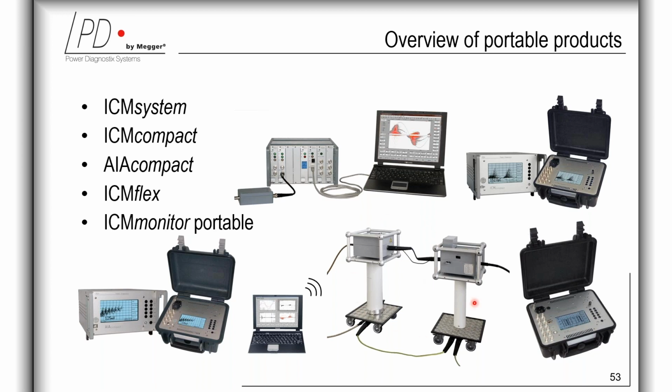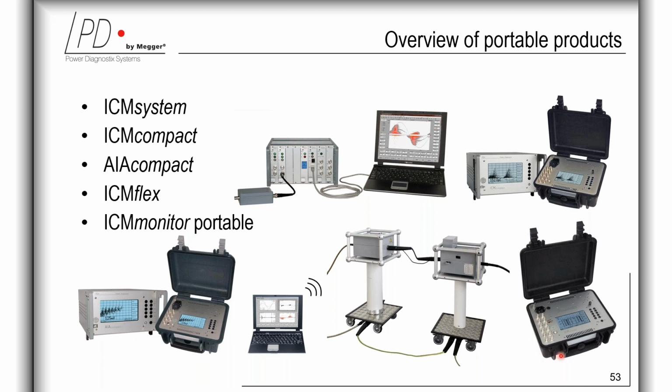The ICM Flex is a measurement system for partial discharge and tan delta, or power factor, as well as capacitance and power frequency. It has a unique concept since the acquisition box is under high voltage potential, and this is fully computer controlled, and the communication can be provided via Bluetooth or fiber optic communication.